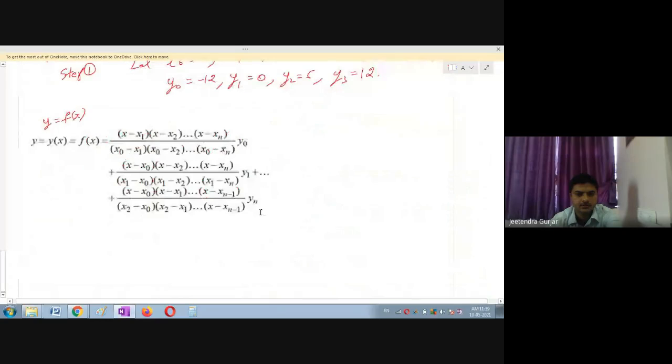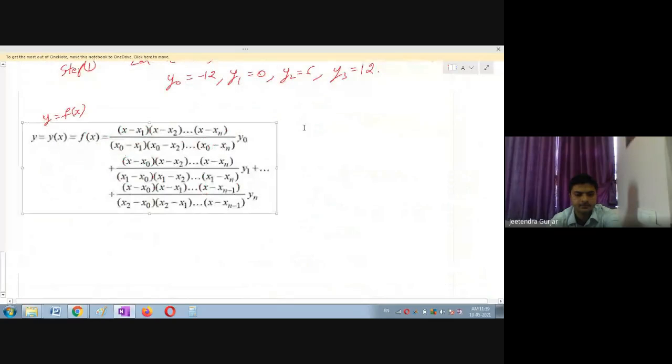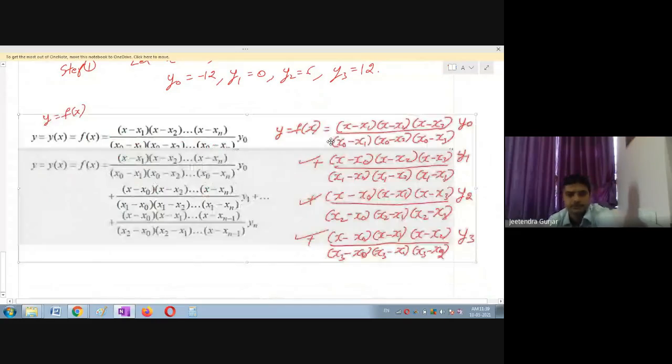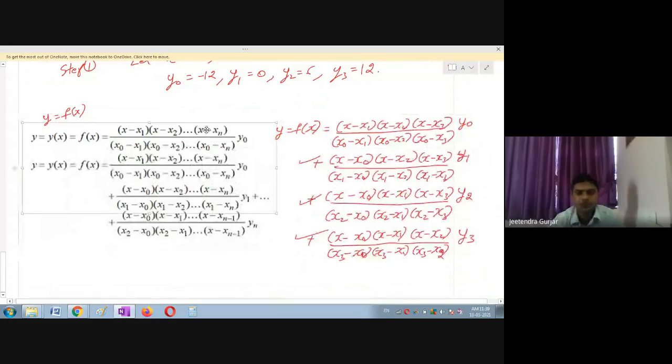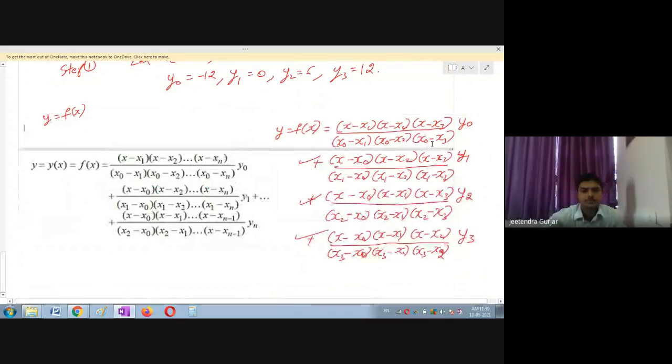So for this formula, we'll be using n is equal to 3. The formula will change every time, students. N is equal to 2 will be different, n is equal to 3 will be different, n is equal to 4 will be different. So this is in general, and this is particular.